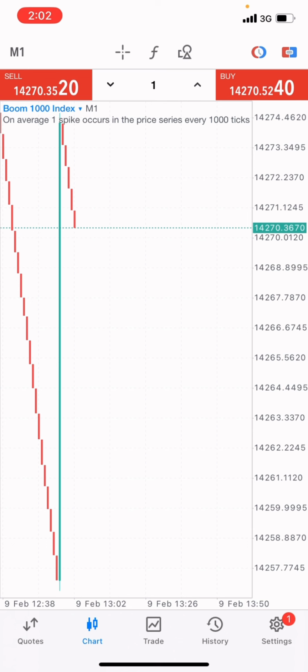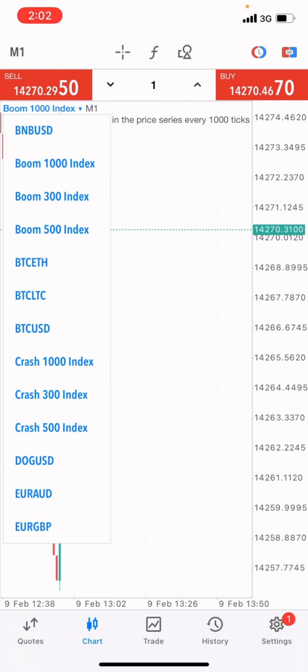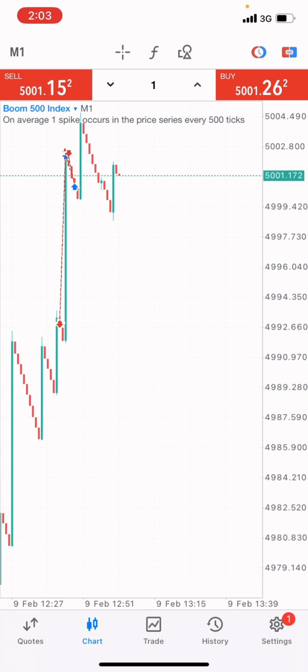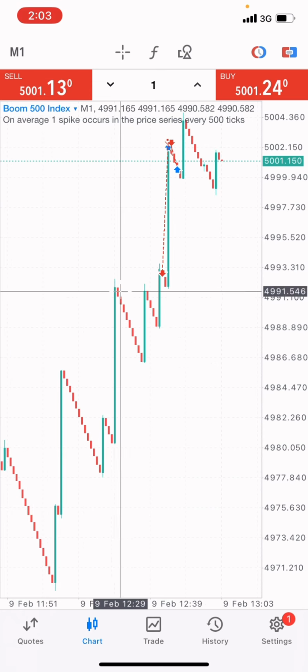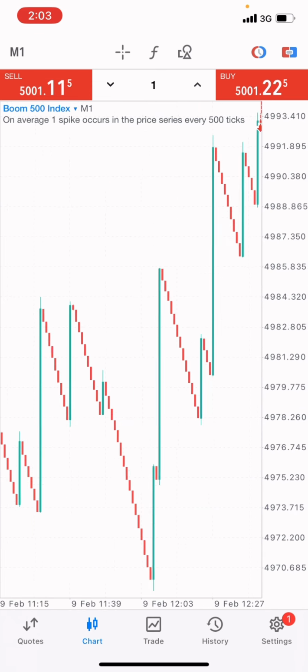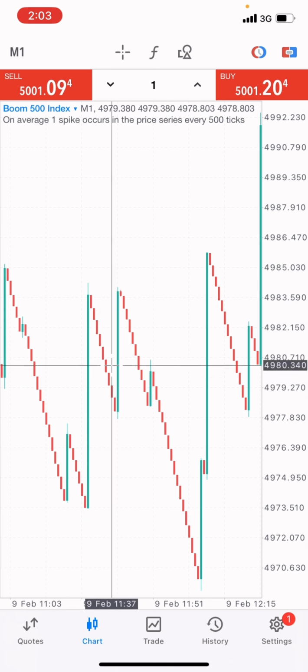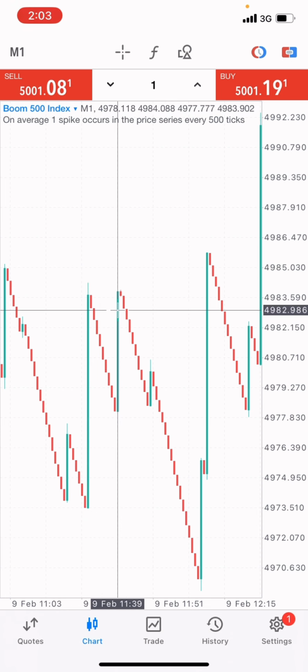So this means that it will take 1000 ticks on average for a spike to occur on Boom 1000, while on Boom 500 it will take every 500 ticks, right? So these are the ticks on the market. Just as you can see, these are the candle ticks on the market, and this is the spike. So what I'm saying here is that on average a spike would occur every 500 ticks, right?